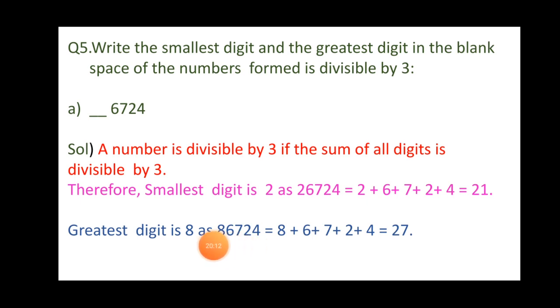So we will take another digit as 8, and when we place this 8 in the blank space with the sum of the other digits, we have obtained the sum equal to 27, and we know this 27 comes in the table of 3. Fine. So we have obtained the smallest digit as 2 as well as the greatest digit equal to 8.